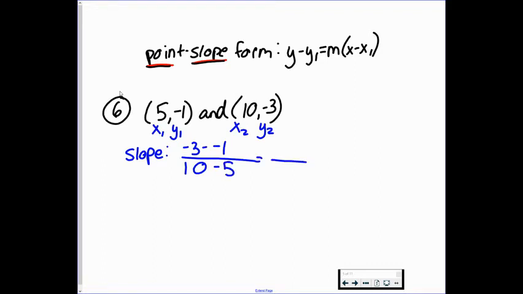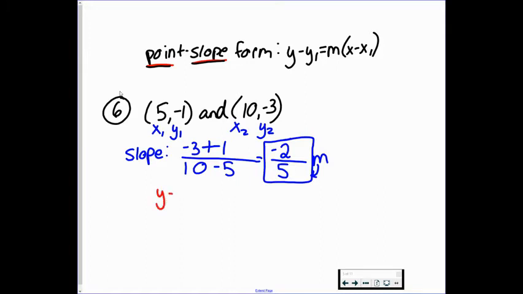In the numerator, -3 minus -1 is -2, because two negatives change that to a plus. And 10 minus 5 is 5. So there's our slope, which is m. Now we've got the pieces, we can write our point slope form equation.